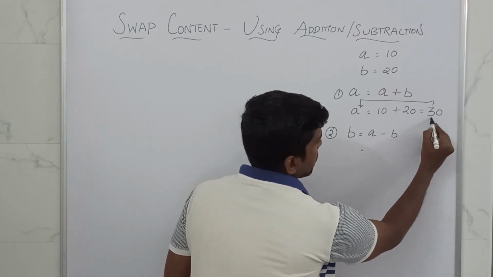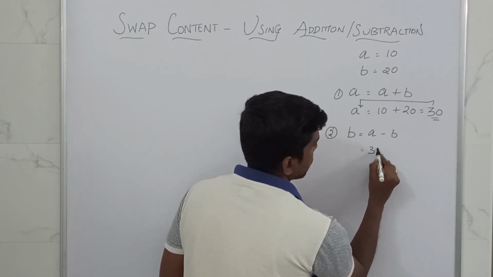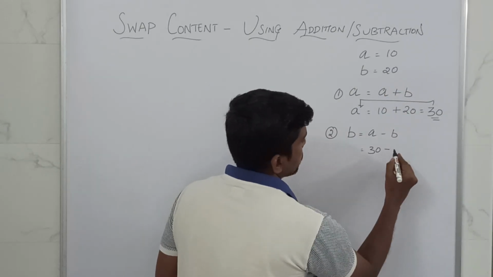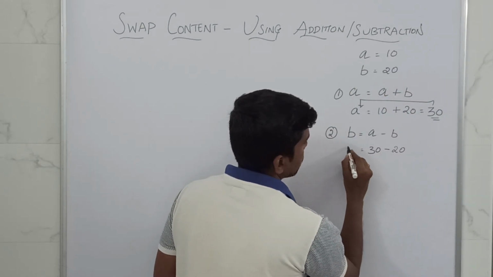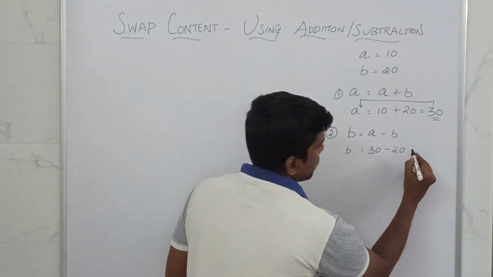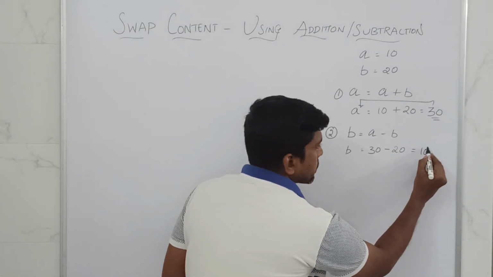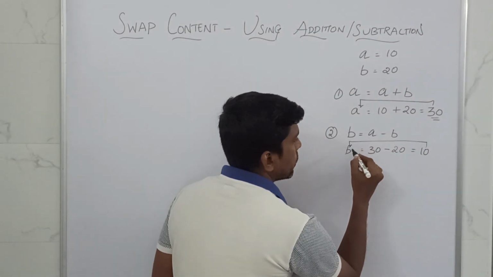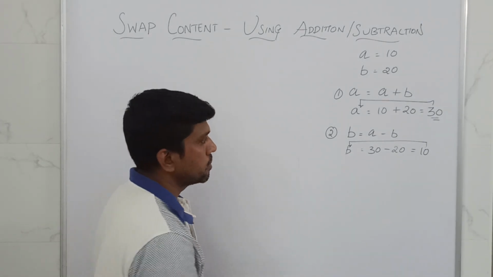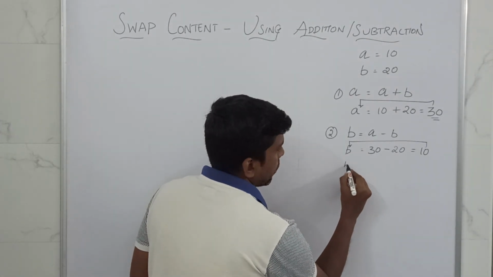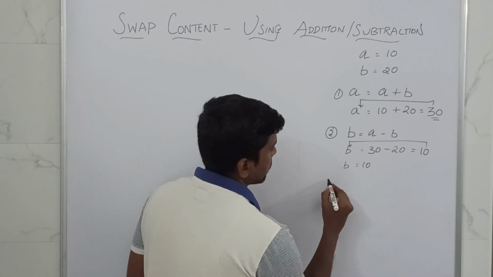So now A content is 30, B content is 20. So 30 minus 20, the result is 10. This 10 is stored in B variable. So now B equal to 10.